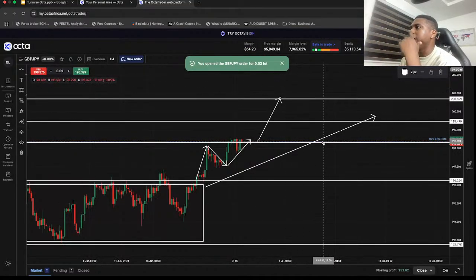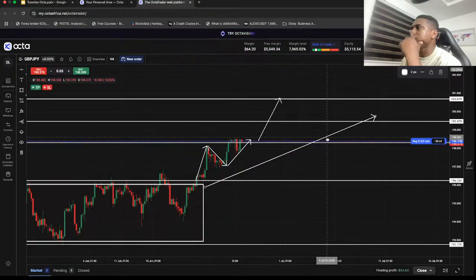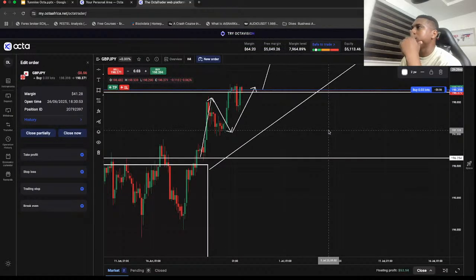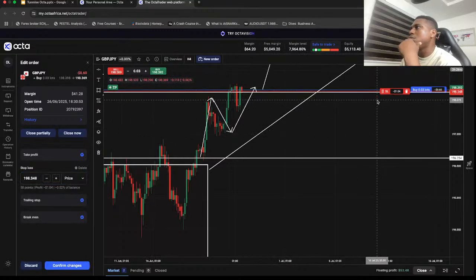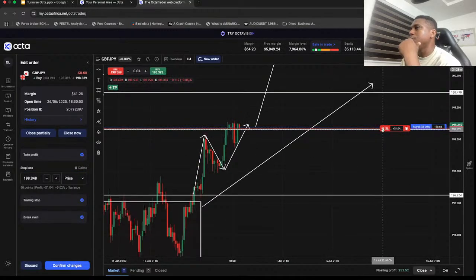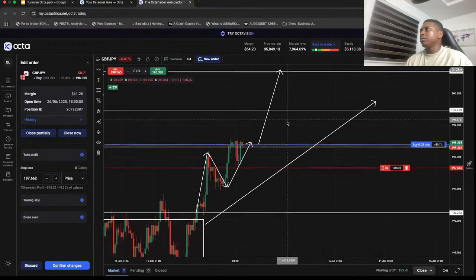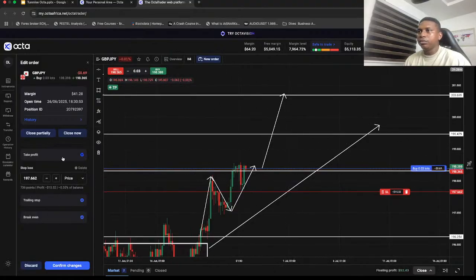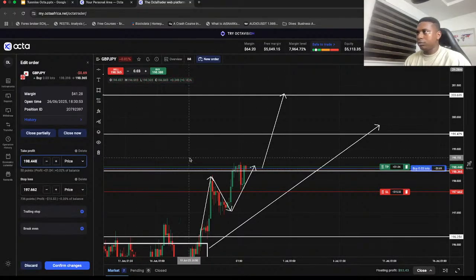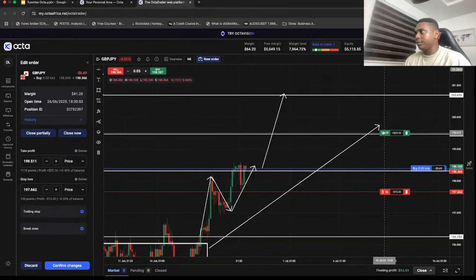Okay, and then my stop loss level would be right below the support level, and my take profit level would be right above here.